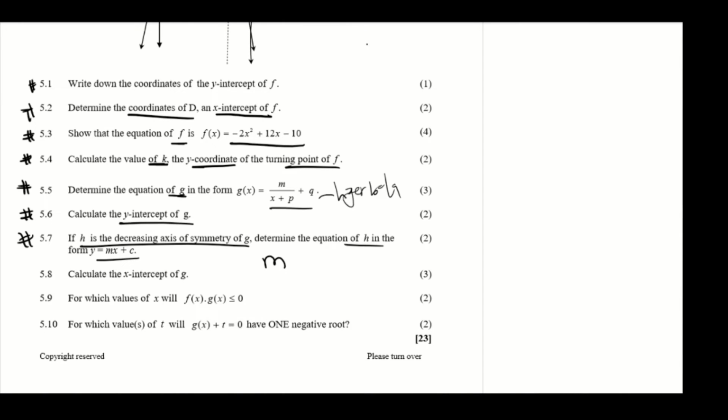We have a positive axis of symmetry, which has a gradient of +1, and a negative axis of symmetry, which has a gradient of -1. For us to find the equation of our axis of symmetry, whether positive or negative, we use y is equal to mx plus c, knowing the value of m. So if it's the positive axis of symmetry, it's going to be y = x + c.